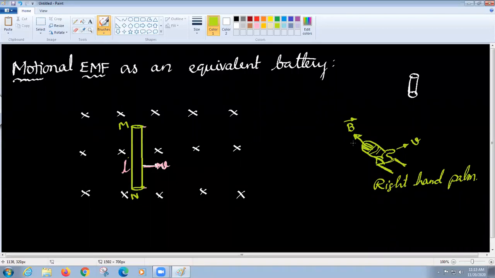In which direction do we have positive potential on the conducting rod? It's M. Yes? M, sir.